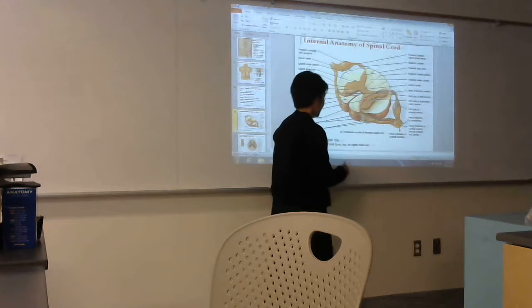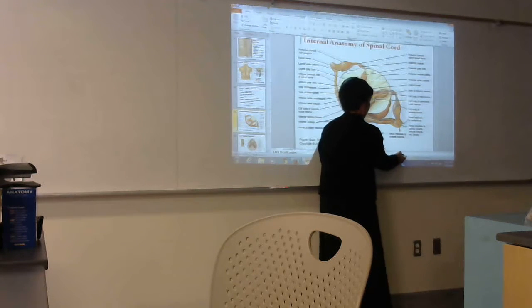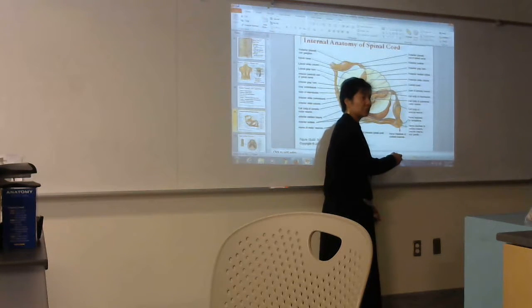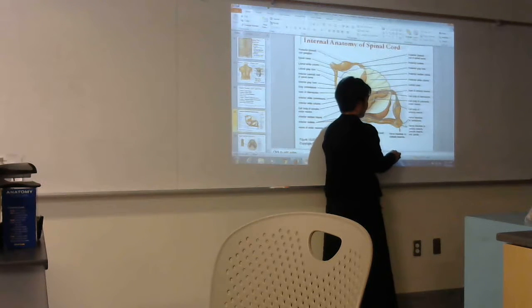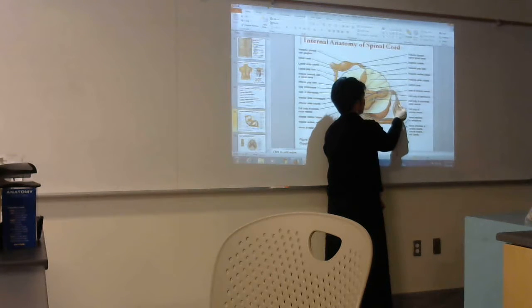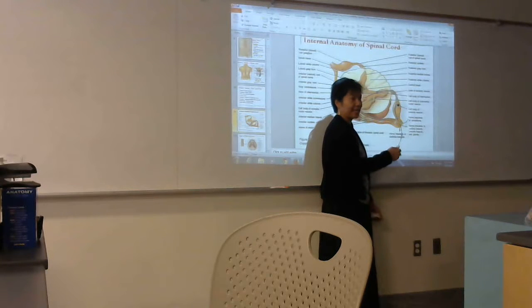Let's say I stepped on something sharp, like, okay, what felt that is the sensory. What part of the sensory neuron will feel the stimulus? Dendrites, very good. So look at the dendrite, then look at the cell body of that sensory neuron. It's right here. That's why there's a bulge, it's called a ganglion.